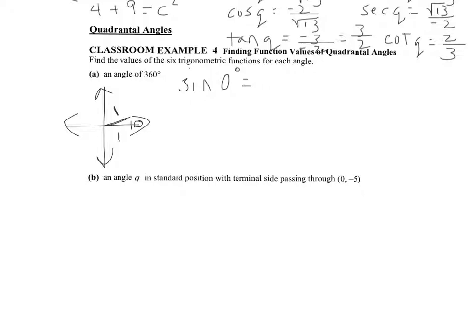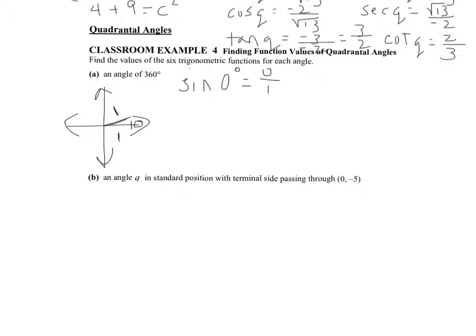Okay, sine, we said, is what over what? Opposite over hypotenuse. If I look at this triangle where the adjacent is 1, the opposite is 0, and the hypotenuse is 1, what would that make my ratio? Opposite would be how long? 0 over what would be hypotenuse.